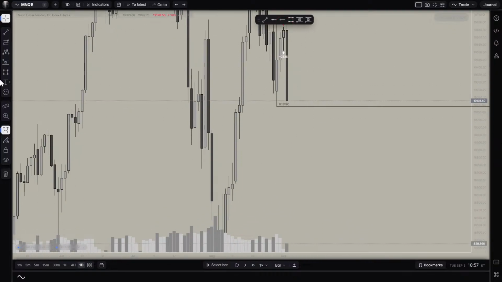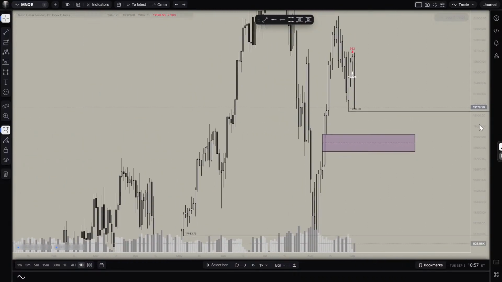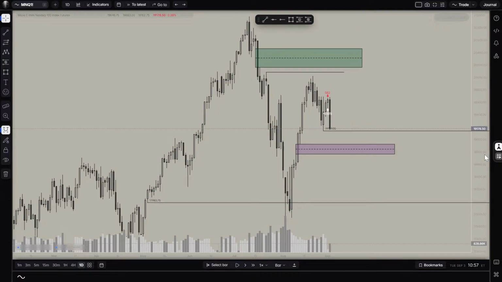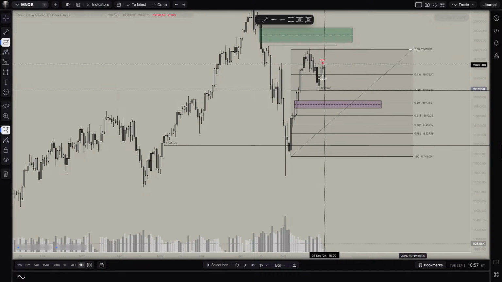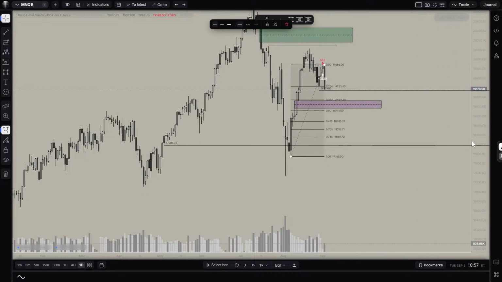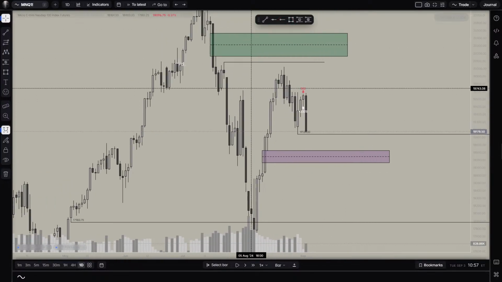And we have an imbalance here, which has been unmitigated, a fresh imbalance, and it will be in discount, around 50%, so we might get a deeper tap into this. So looks bearish daily.